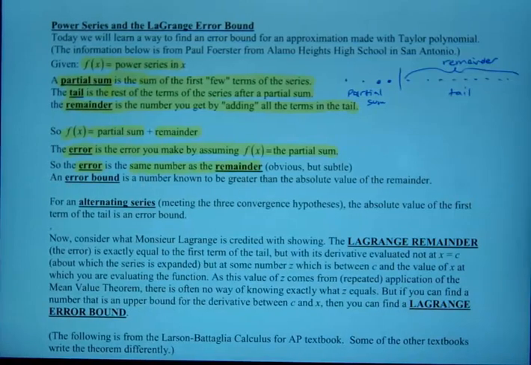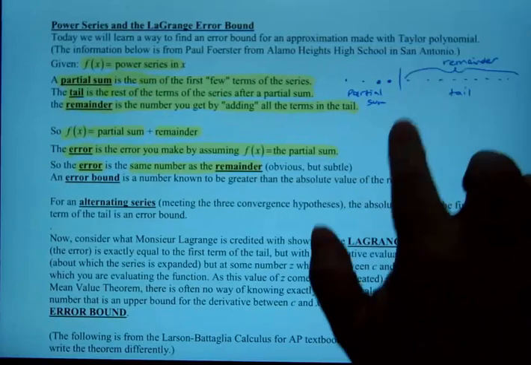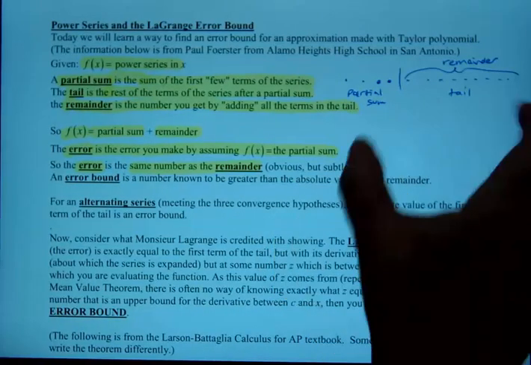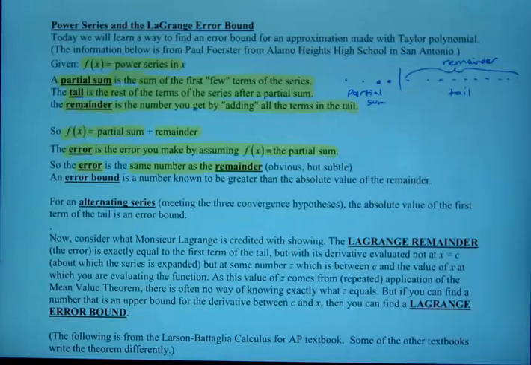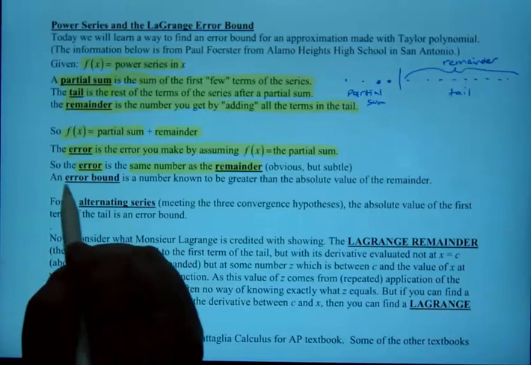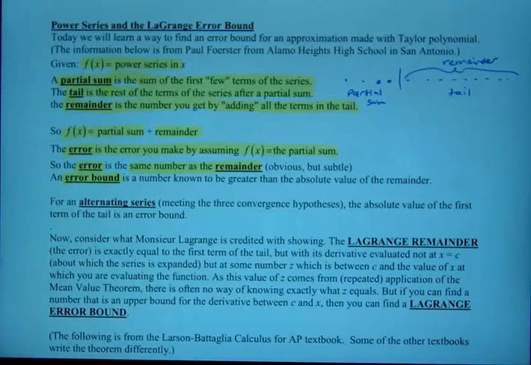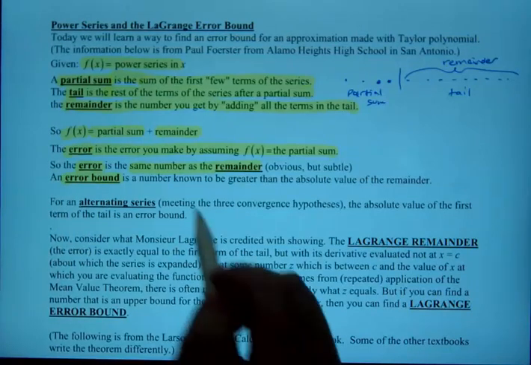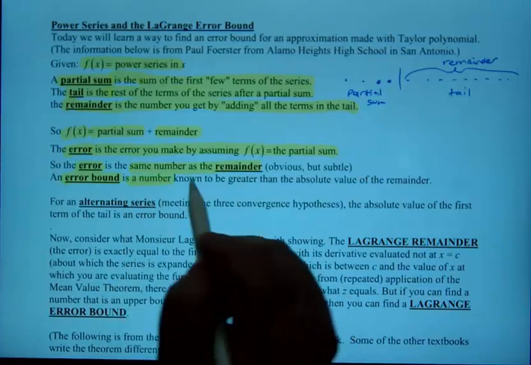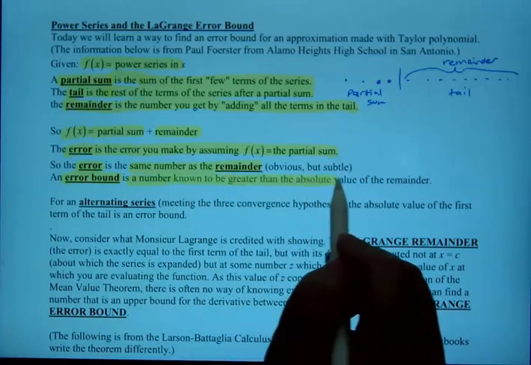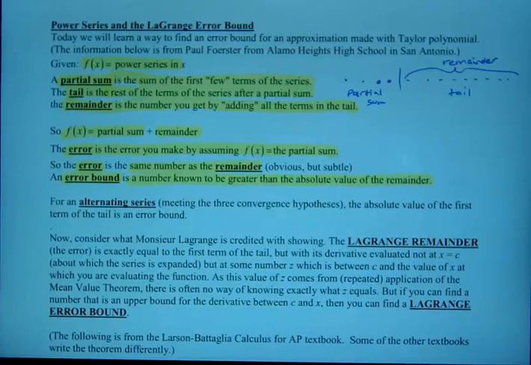The error is what I didn't talk about. I said the answer was this. The answer is really all of this. So the remainder is what the error is, what I forgot about, what I didn't use. The error bound, and this is a word that you need to be familiar with, is a specific number known to be greater than the absolute value of the remainder.